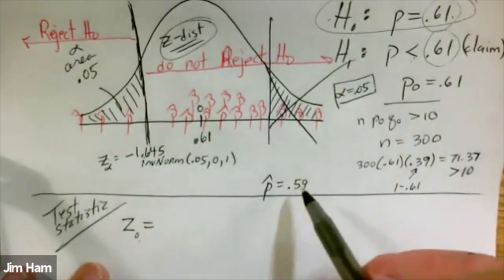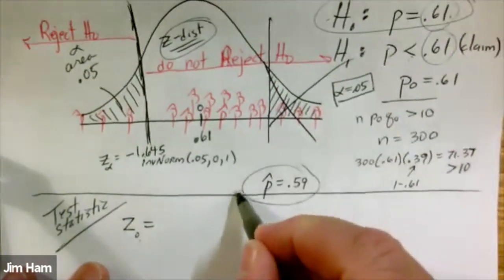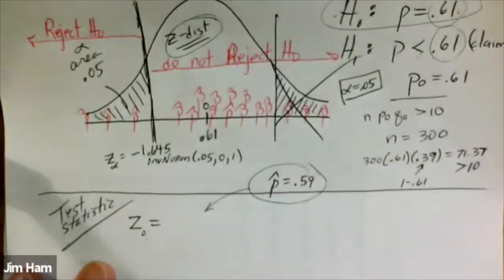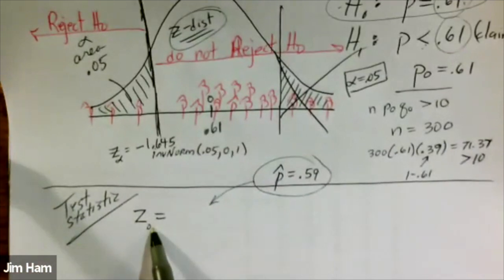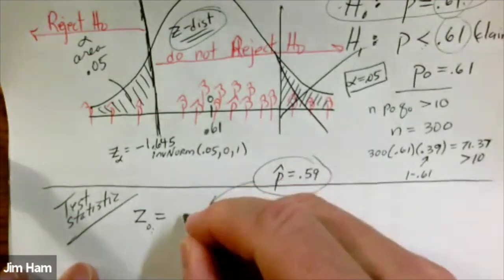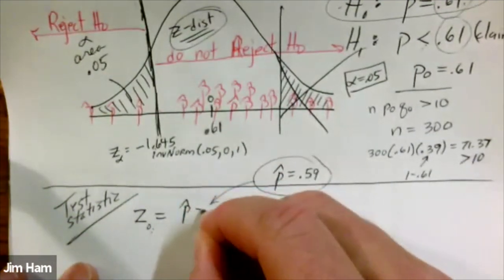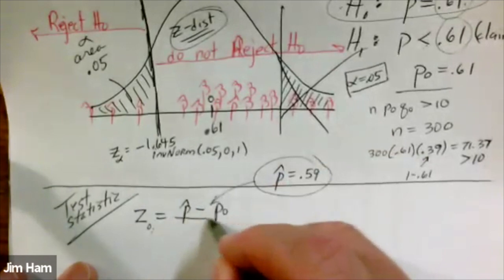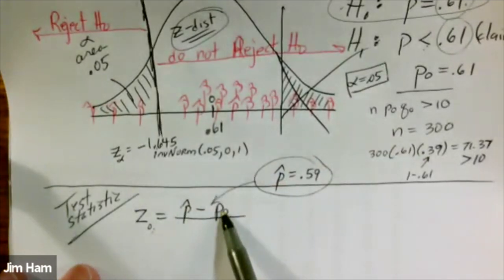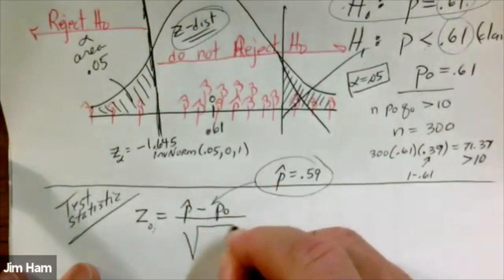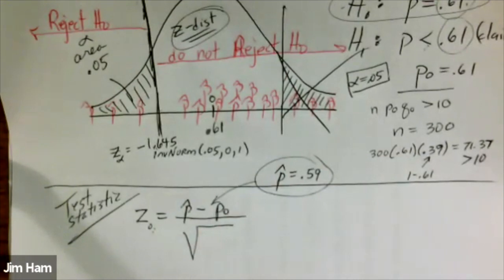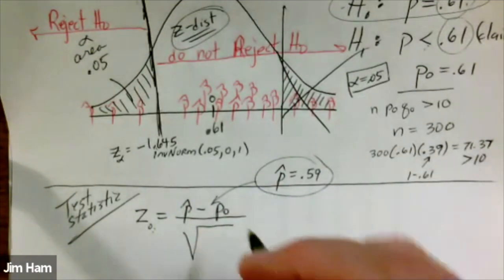So we use this sample proportion, come on down here, and the test statistic that we're going to use, this is in section 10.2 for sample proportion, is we're going to take the sample proportion, subtract what the claim thinks the population proportion is, and then we're going to divide by what we call the standard error term.